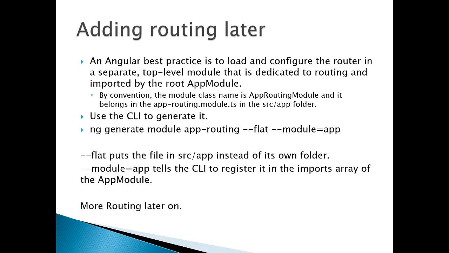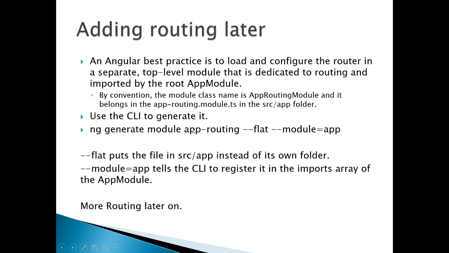If we could not install routing at the start, we can add the routing file afterward. For that we have to write ng generate module app-routing --flat --module=app. App is the name of our module, app.module.ts.